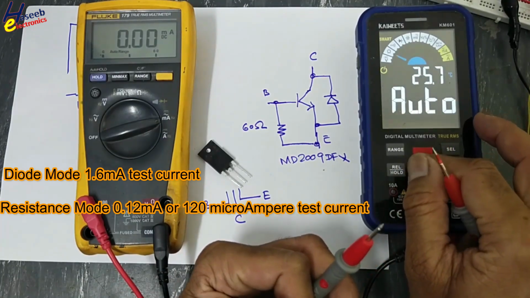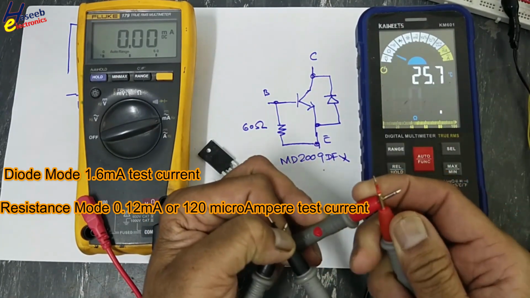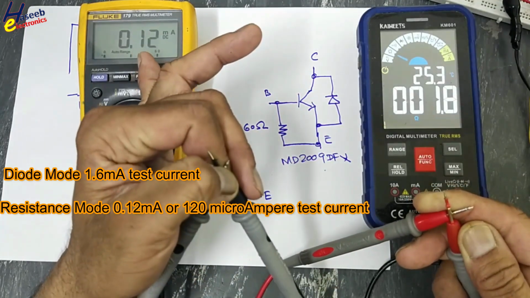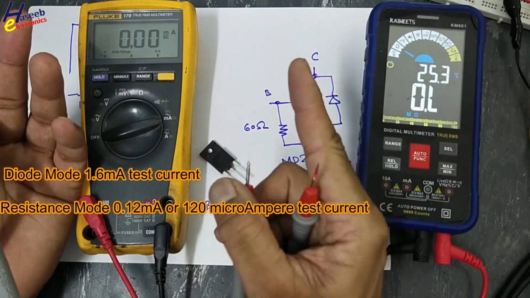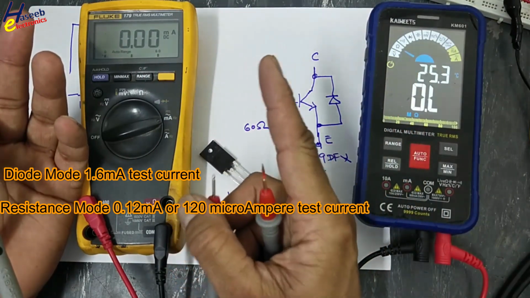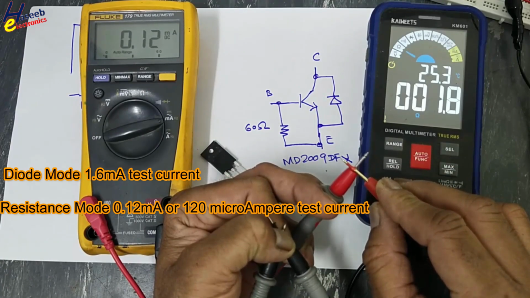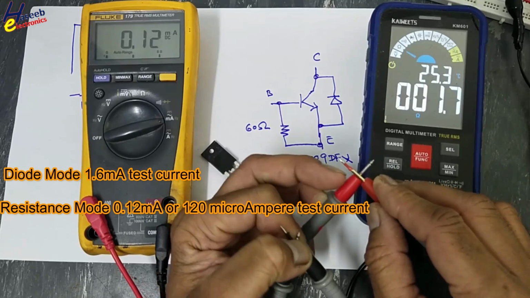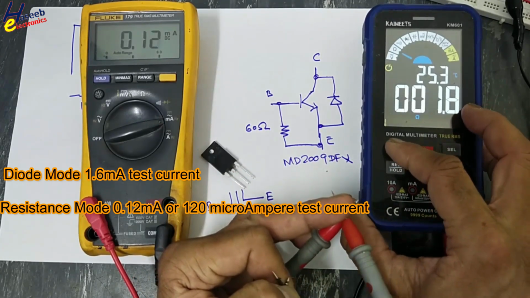If I check resistance, it is 120 microampere or 0.12 milliampere. In diode mode the test signal was 1.6 milliampere. Here just 0.12 milliampere, that is 120 microampere. Let's set the range.